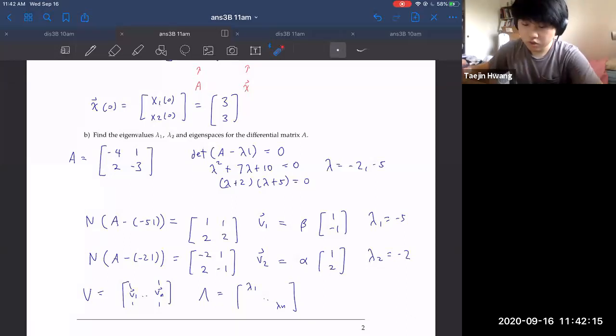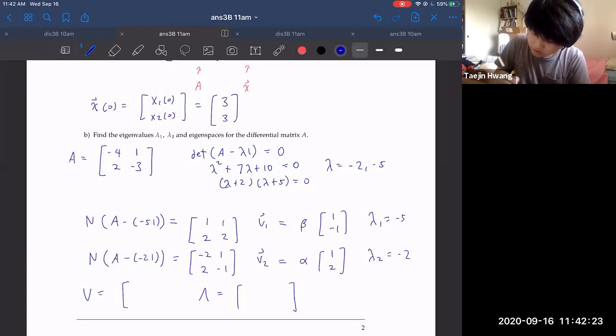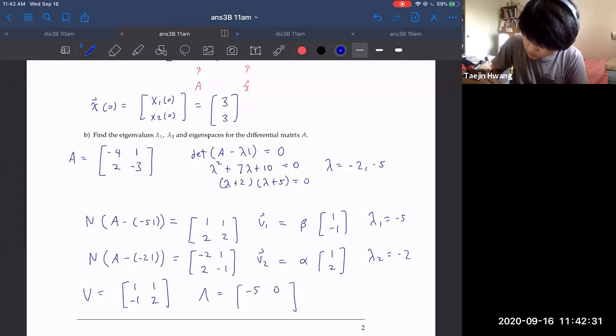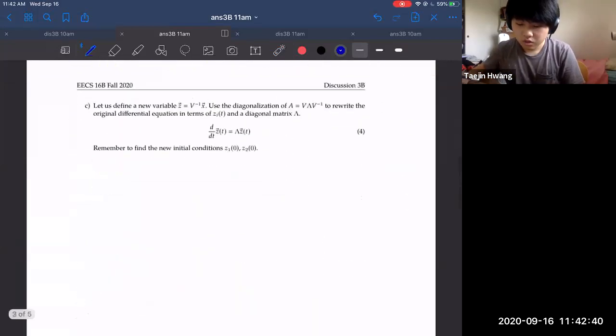Okay, if we don't have any questions, I'll briefly also say that in this case, our V matrix is going to be 1, -1 and 1, 2. And then our lambda matrix is going to be -5, 0, 0, and -2.